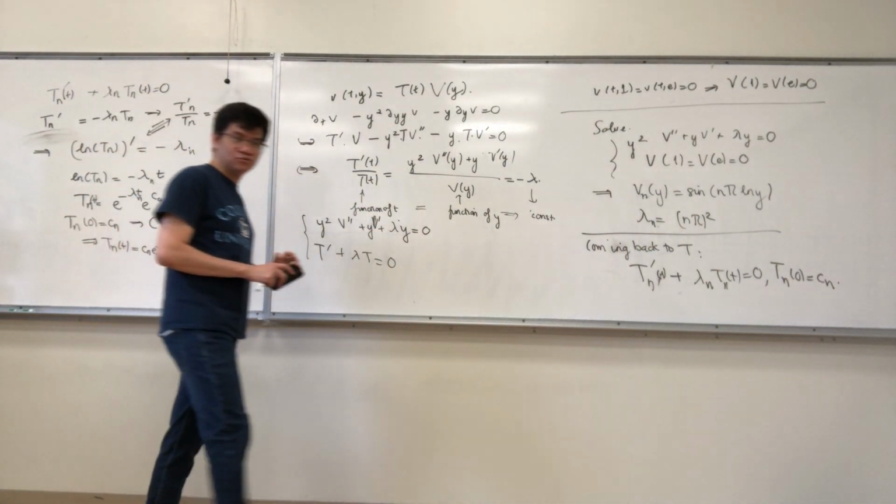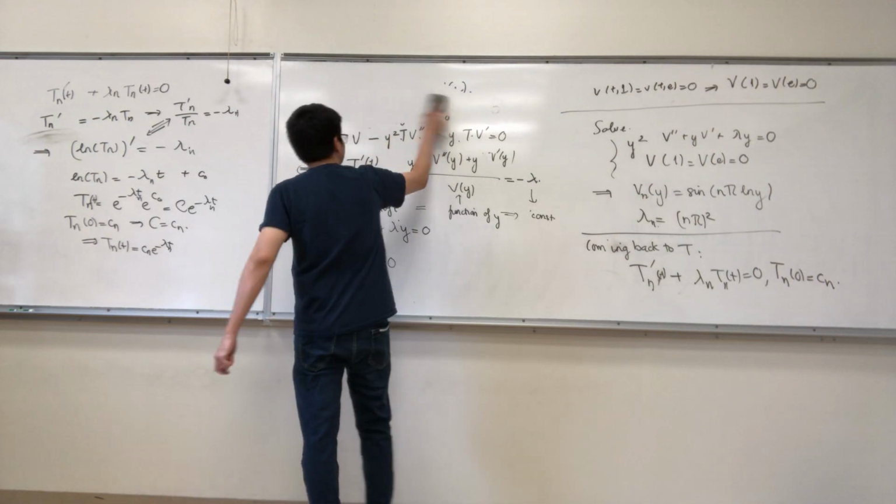Now you have Tn and you have Vn. You have to go back to the solution, right? What is the solution?